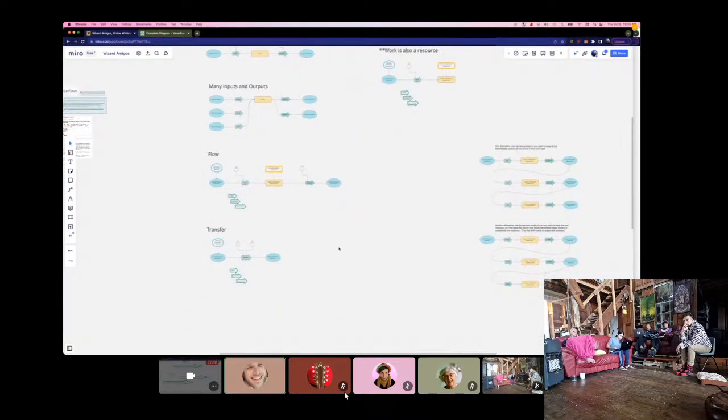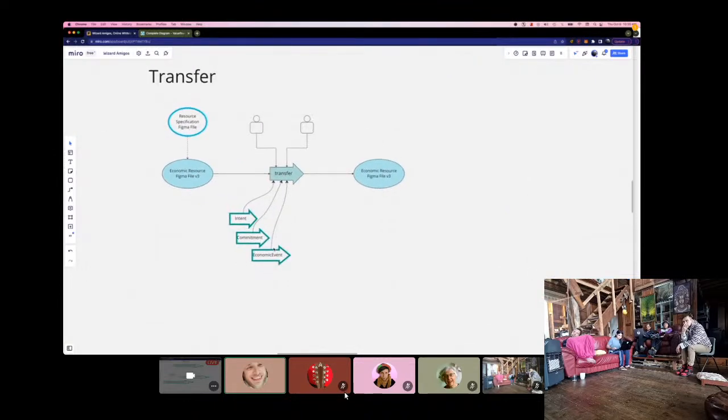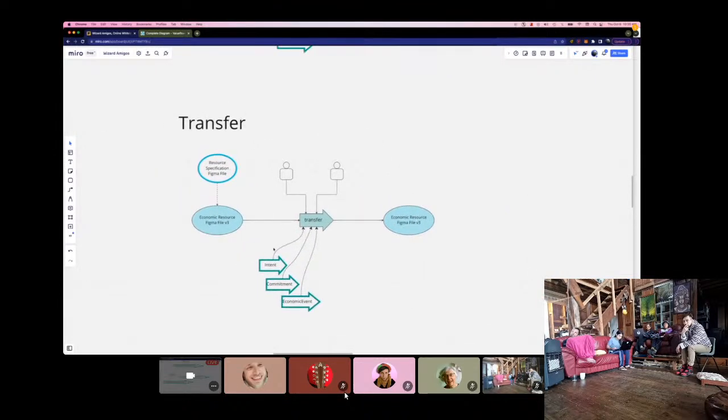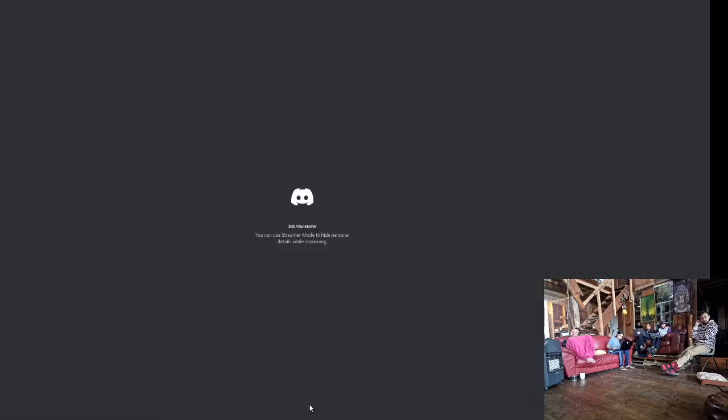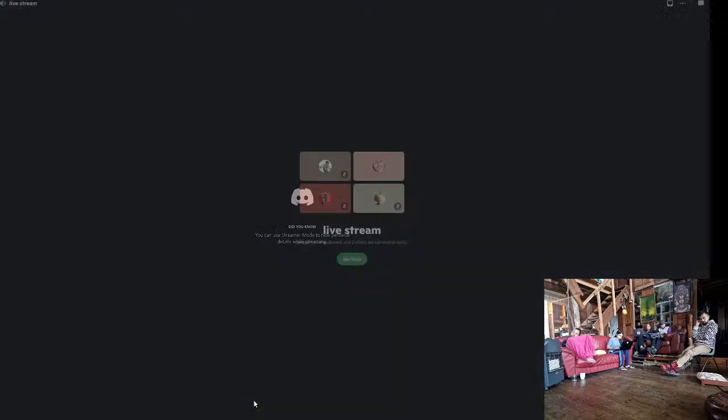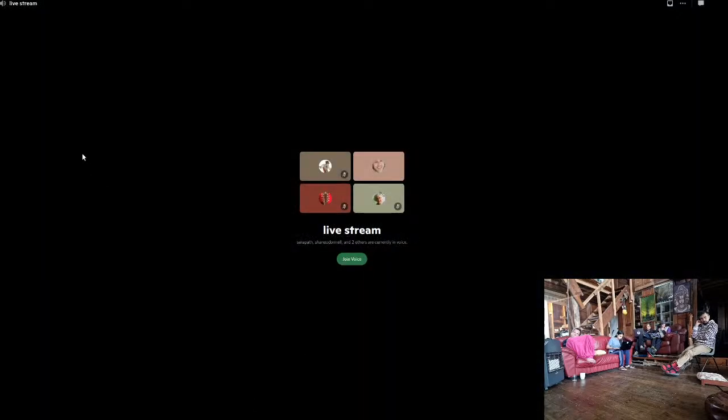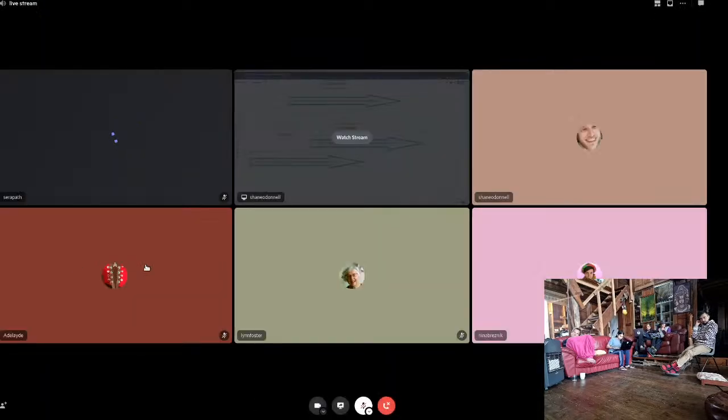Okay, here's a unique version of a resource flow. It's called a transfer. To a thing, right?